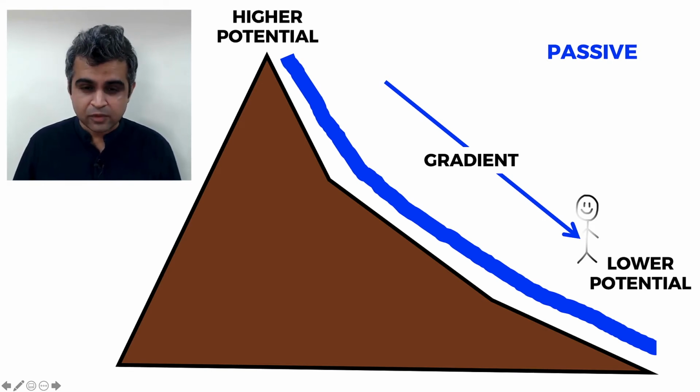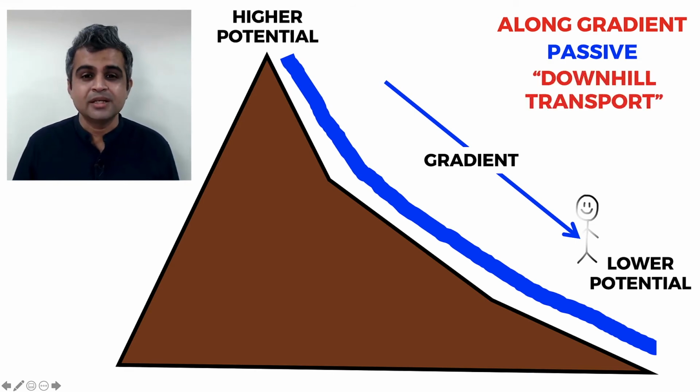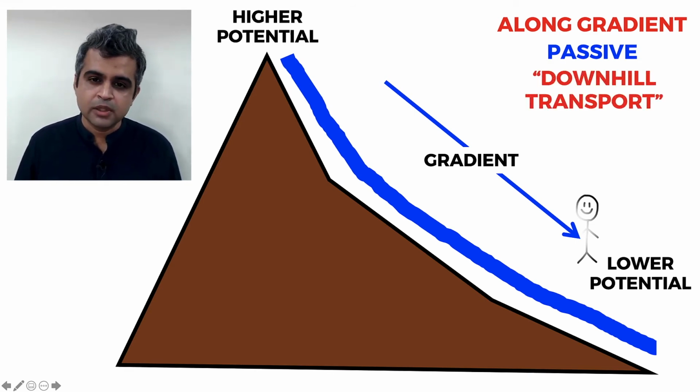So this activity, when you went along with the gradient, was completely passive, did not require any energy. So keep this in mind, that any process which is a downhill process, downhill meaning you are going from higher to lower. What is that direction of higher to lower?